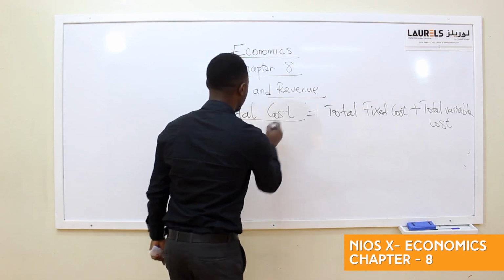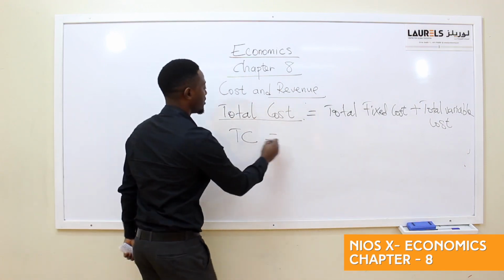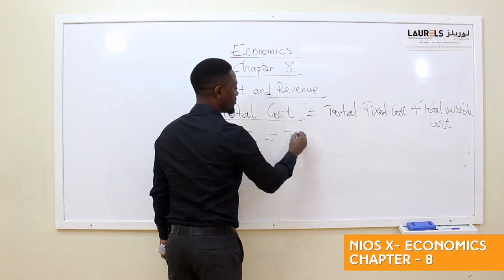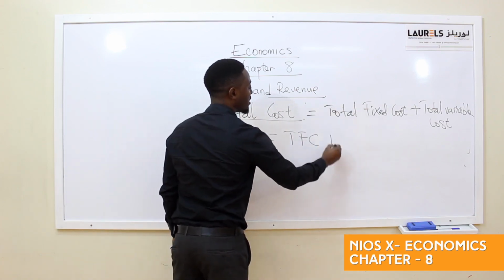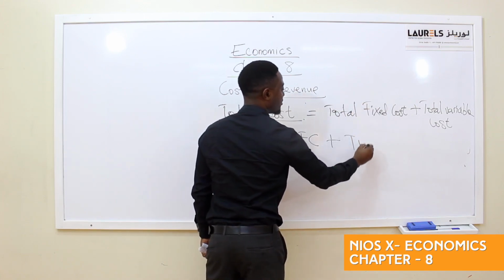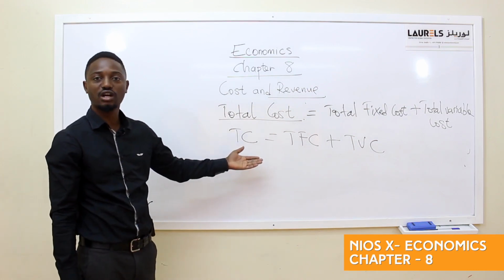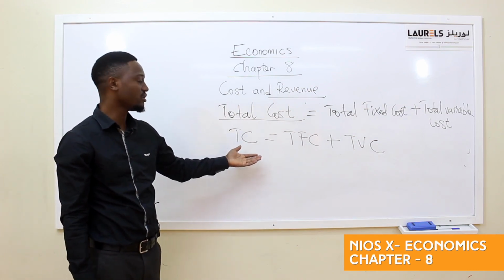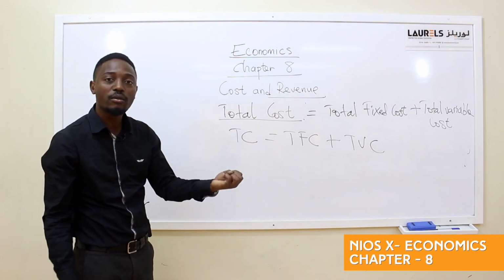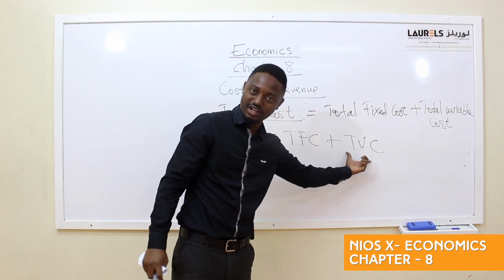So total cost can be abbreviated TC, which is equal to total fixed cost, TFC, plus total variable cost, TVC. So this is the formula which we use to calculate the total cost.